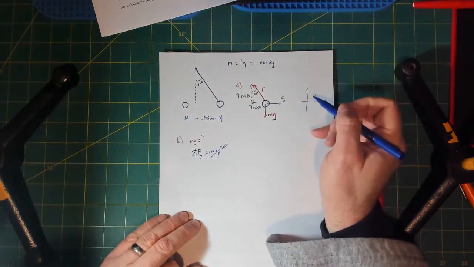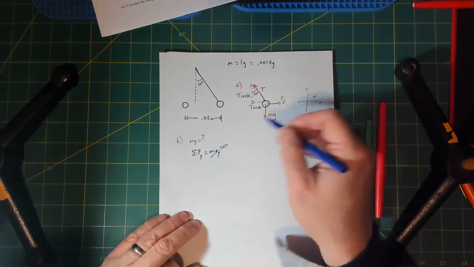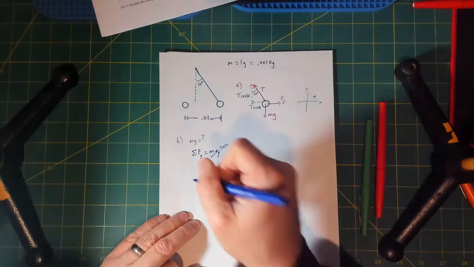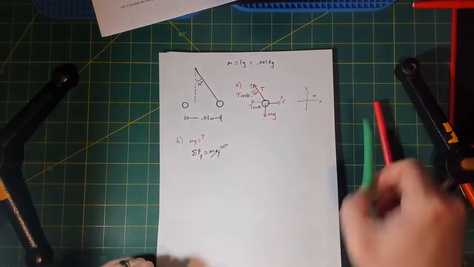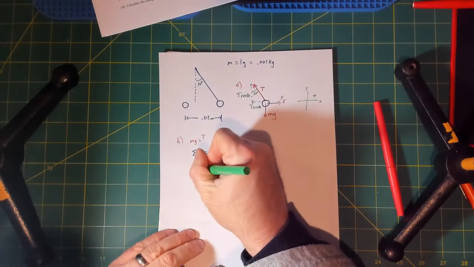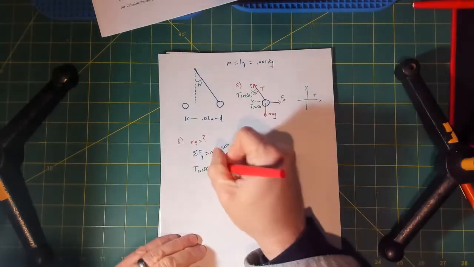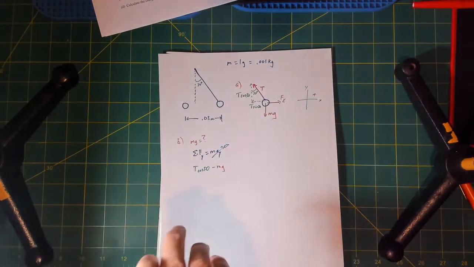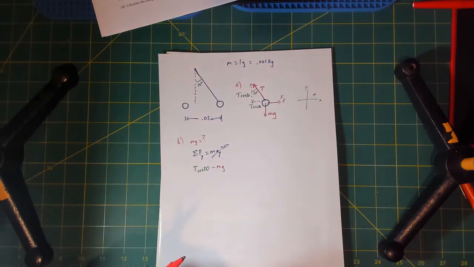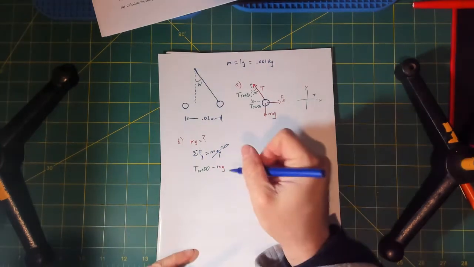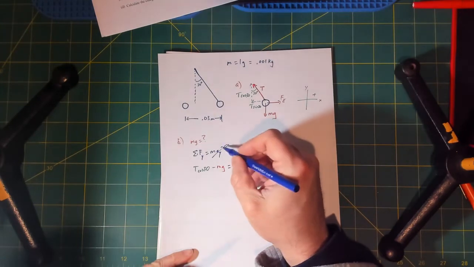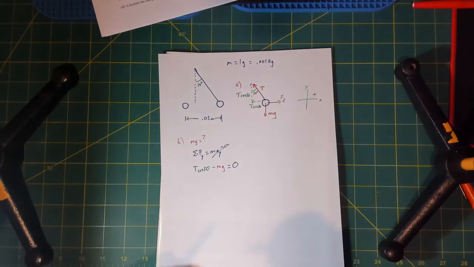Going up minus down, it'll be T cosine 30 minus mg, equal to ma. But my acceleration is 0, so it just balances out to 0.